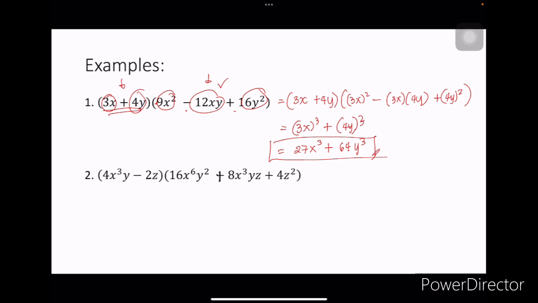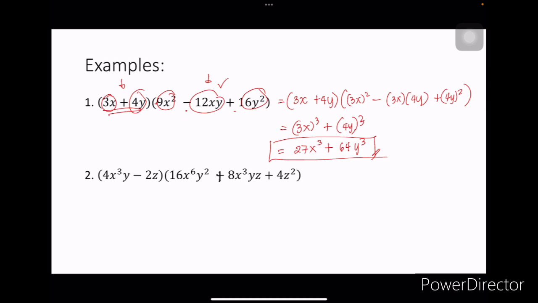Now let's move on to the quantity of 4x cubed y minus 2z times the quantity of 16x raised to 6 y raised to 2 plus 8x cubed yz plus 4z squared. As you can see, let's try to check first if this one satisfies the equation or formula.